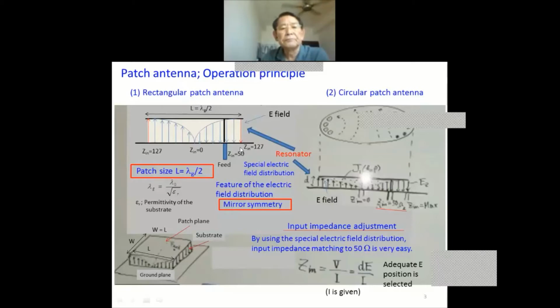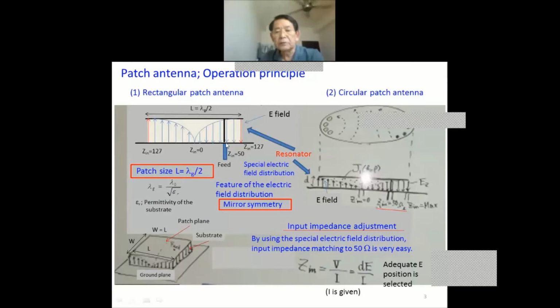At the opening edge, if we feed there, then the electric field becomes larger, so the input resistance becomes around 127 ohm. Between impedance 0 and the highest, between these two points, there is a 50 ohm point.